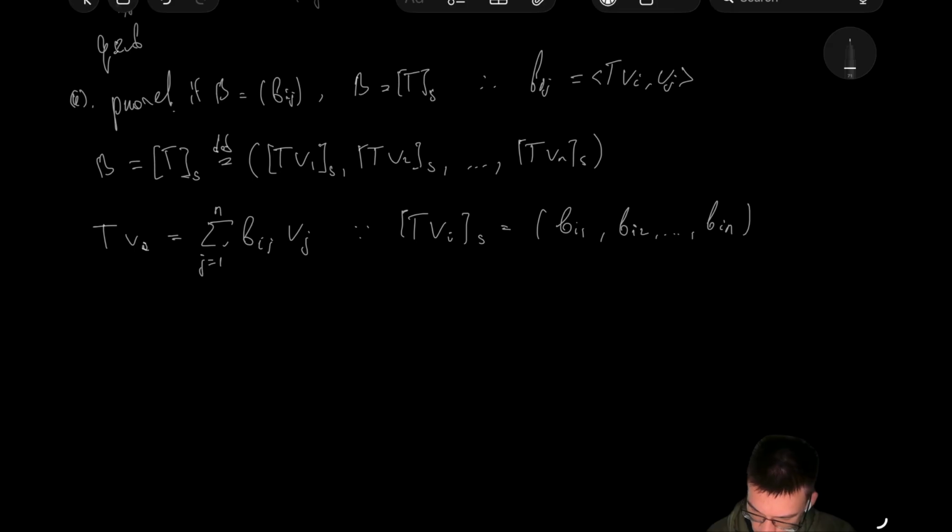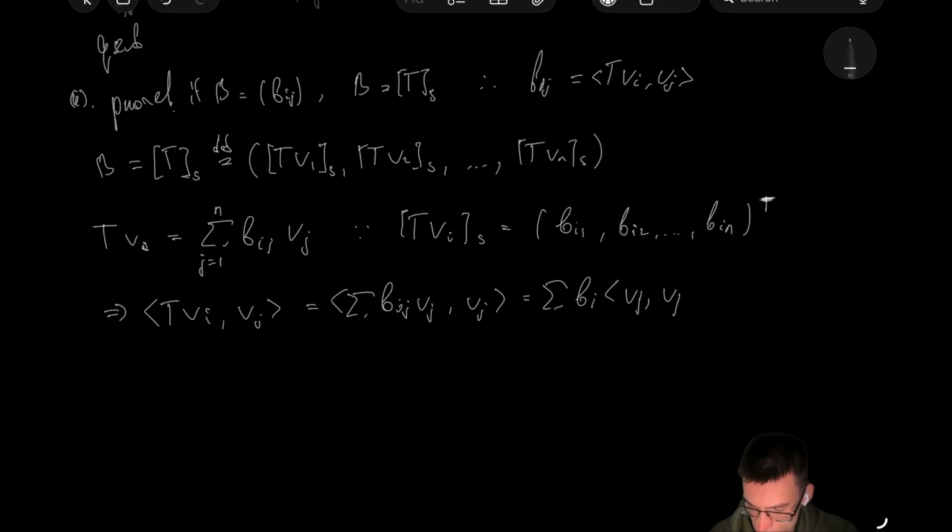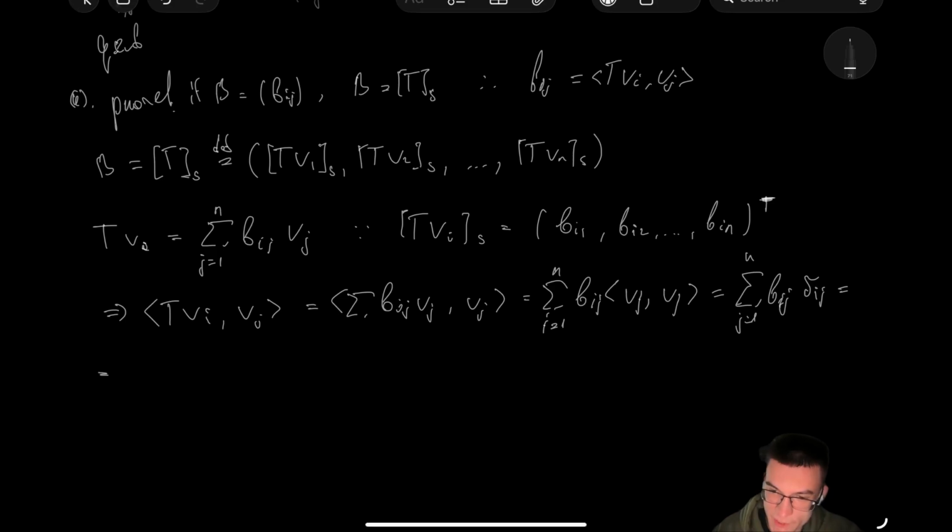Bin, transposed. And then our inner product becomes the sum of Bij times the inner product of Vj and Vj, j from 1 until n, which is the sum of Bij times the Kronecker delta ij, j from 1 till n, which annihilates for almost all values except the case when i equals j.